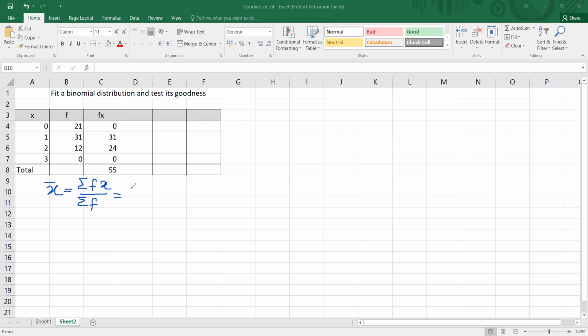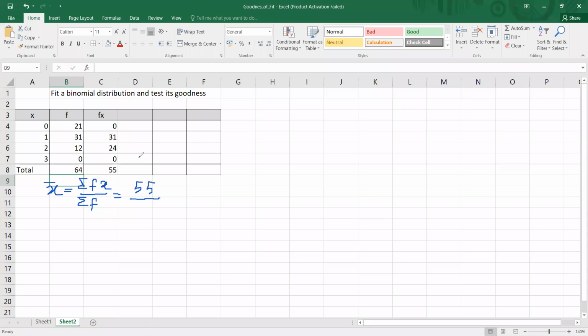Summation fx is 55, and summation f is the total of the column of f, which can be computed here with the auto sum function. So it is 64.